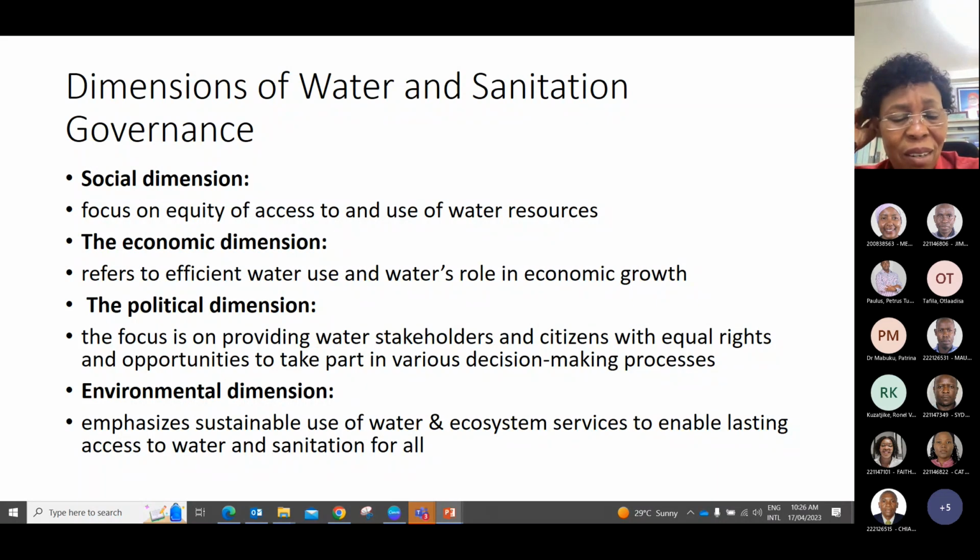So the social dimension means access and use of water. It focuses on equity. Now, for us as water practitioners in our different areas of expertise, we are expected to take equity into account. We are all human beings, whether I live in an upmarket area or a low status area, we all need water and adequate sanitation. So the social equity aspect is very important.